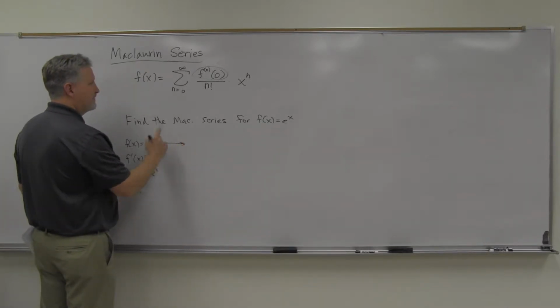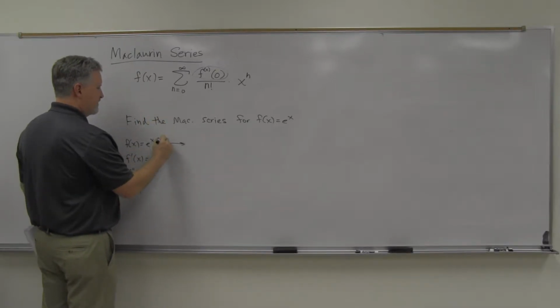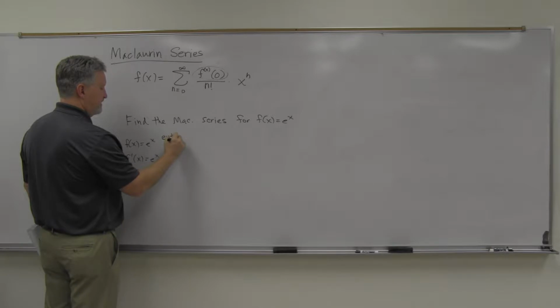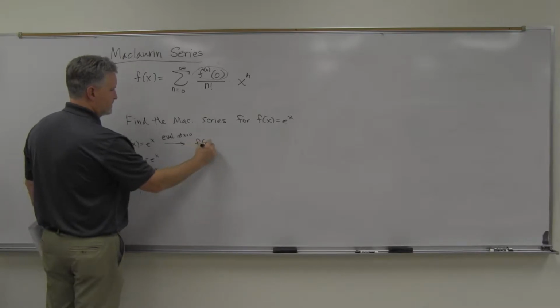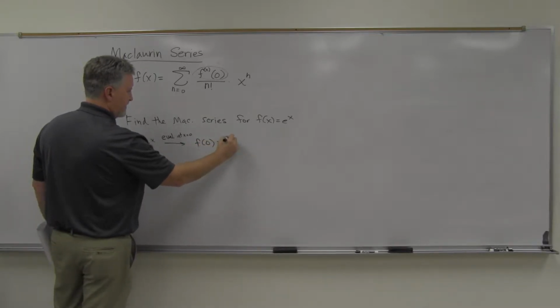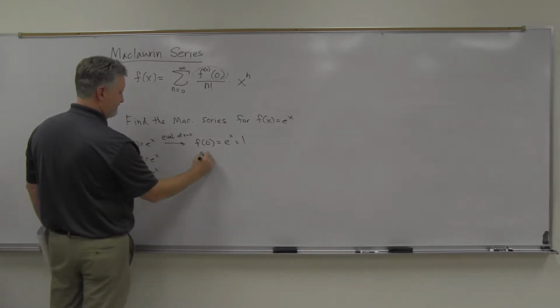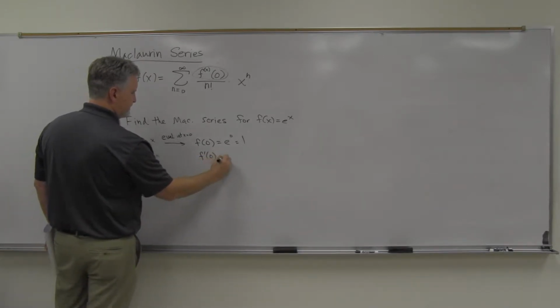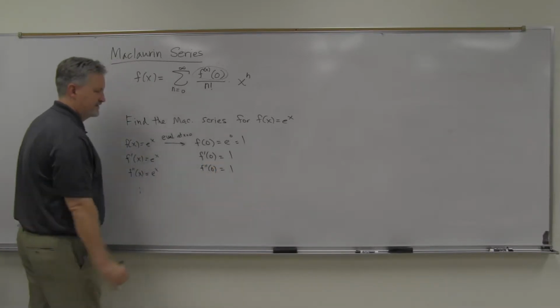All right, so now, since we're centering it at 0, that's where Maclaurin series are always, we evaluate these at x equals 0, or a equals 0. And of course, that's going to be even nicer. F of 0 is 1, f prime of 0 is 1, f double prime of 0 is 1.